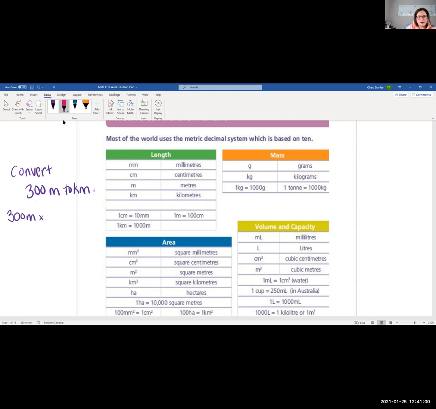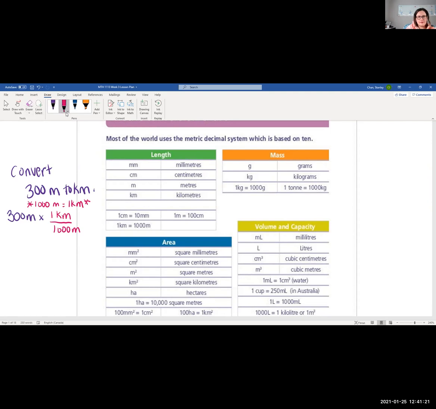And we know that 1,000 meters equals 1 kilometer. And this is actually our conversion factor, what I've just started off. So we're going to put 1 kilometer as the numerator and 1,000 meters as the denominator, and watch them cancel, right?